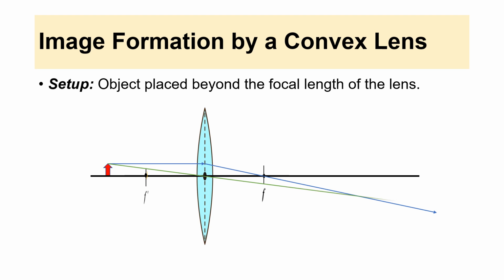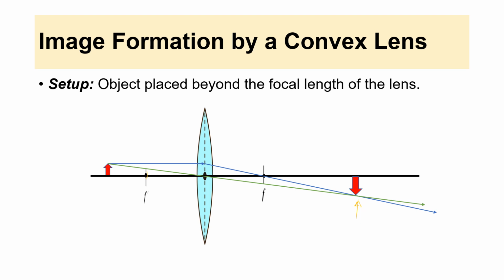Another ray will be used. You're going to draw another ray from the tip, allow it to pass through the optical center in a straight line. So as you can see, there is an intersection on this part. So that intersection will provide the basis in drawing the image.